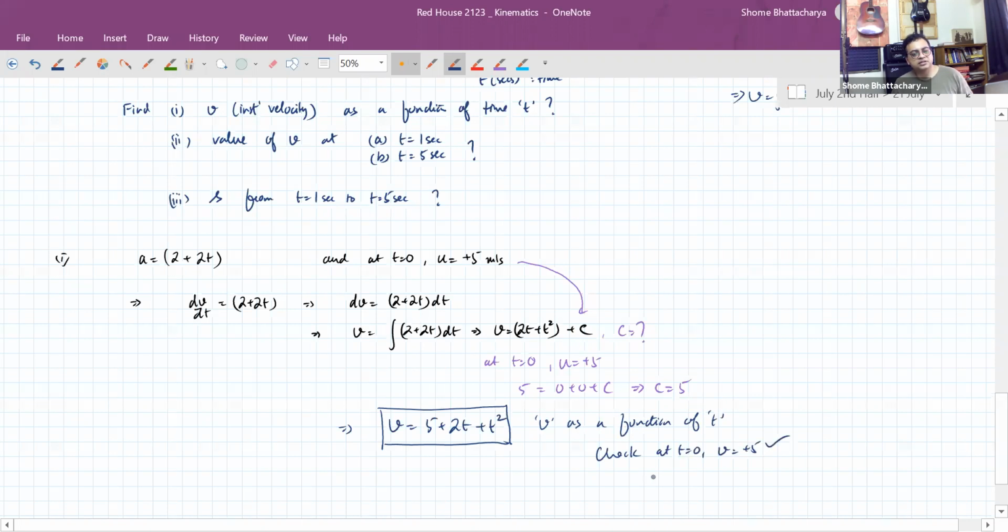And differentiate this, and you will get the acceleration as 2 plus 2t. So that's also correct. That means I've not made any error in my calculation, because when I reverse calculate, it gives me the condition that is given in the question. So there's no problem. This is one option, using indefinite integration.